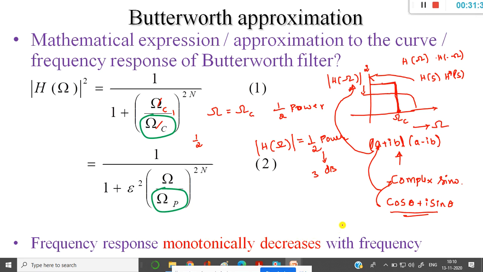The frequency response, the magnitude of h of omega, monotonically decreases. Look at this. It may not decrease immediately, but monotonically, as you go on increasing the value of omega c, this decreases the frequency response.